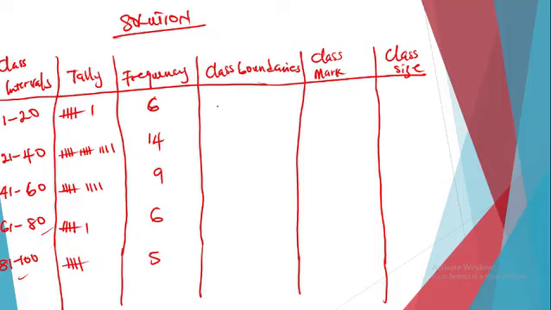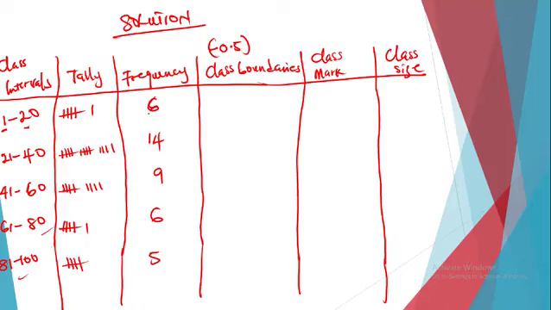Now for class boundaries. How do we obtain class boundaries? We add and subtract 0.5 to both sides of the class interval. We have 1, so we have 1 minus 0.5, 20 plus 0.5.